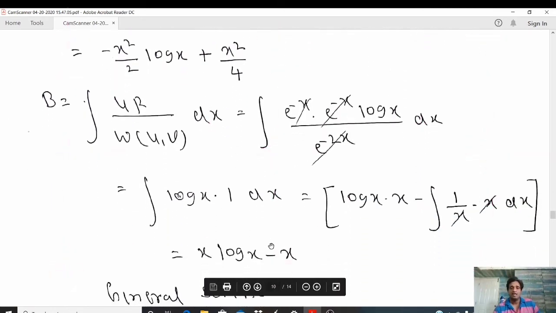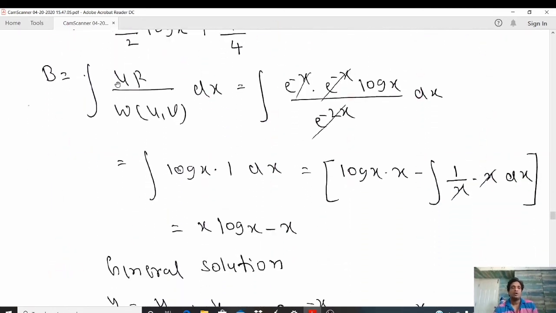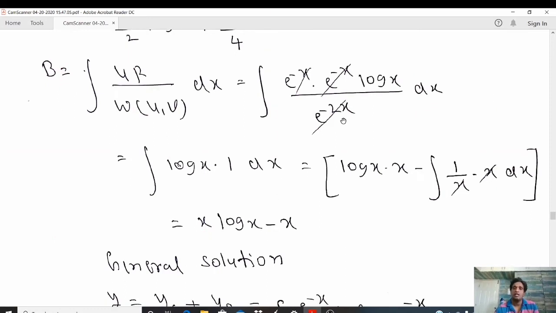Next, the b value. b is equal to integration of u R by the Wronskian of u comma v dx. u is e power minus x, R is e power minus x log x, and the Wronskian of u comma v will be e power minus 2x. So here e power minus x times e power minus x becomes e power minus 2x. So both get cancelled and we are left with log x.